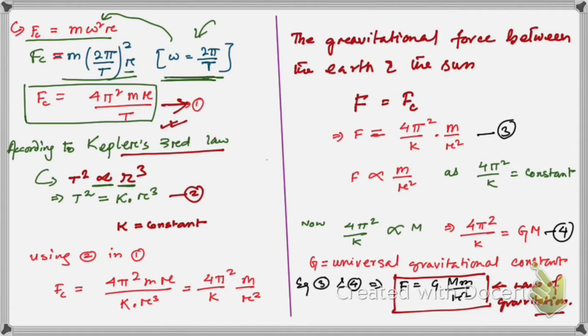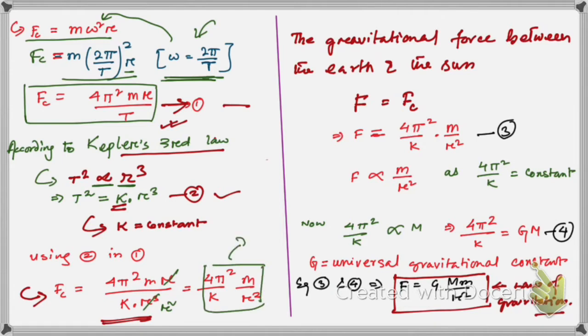So now you see, if you make it equal, then there must be a constant of proportionality, that is we have taken k here. Using equations number 2 and 1, we have got Fc is equal to this expression here. You see, r cancels r cube to give r square, right? Then this is the expression we have got.